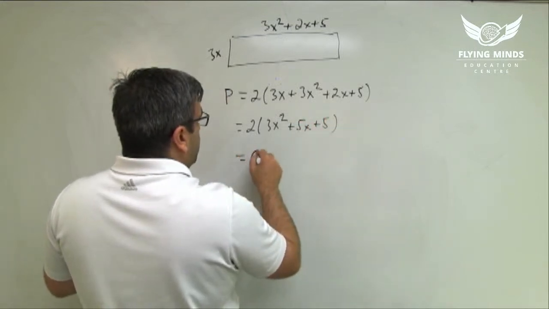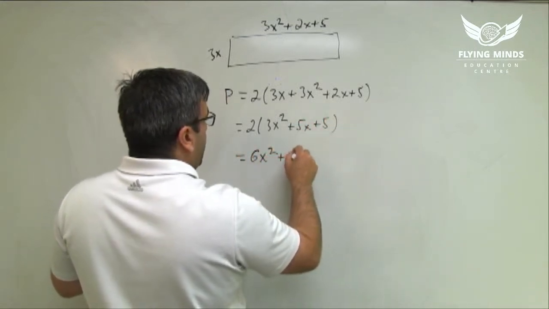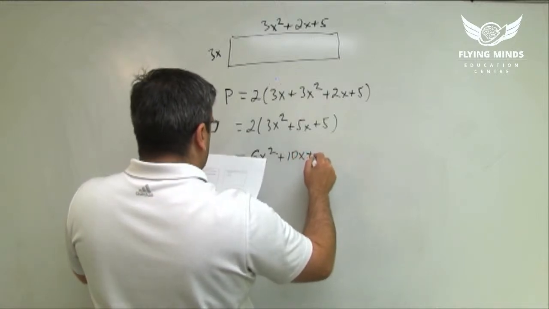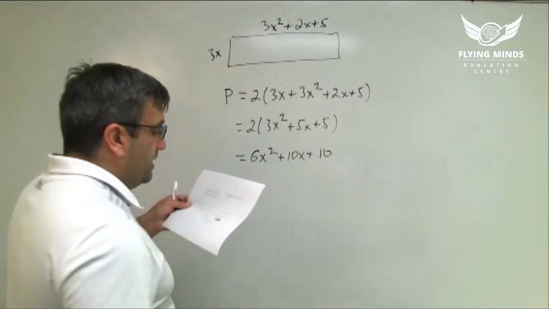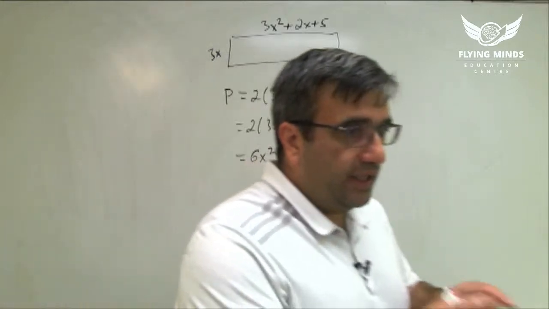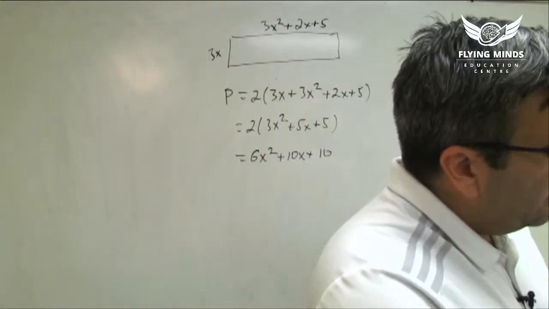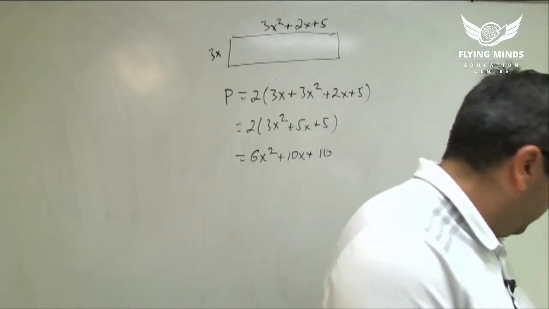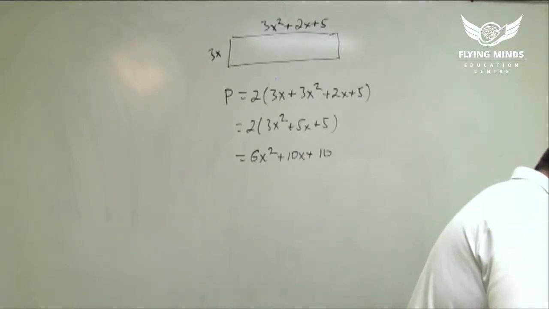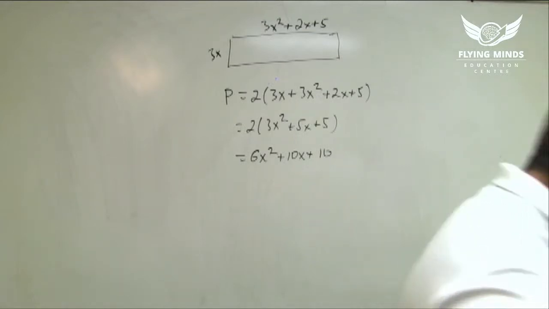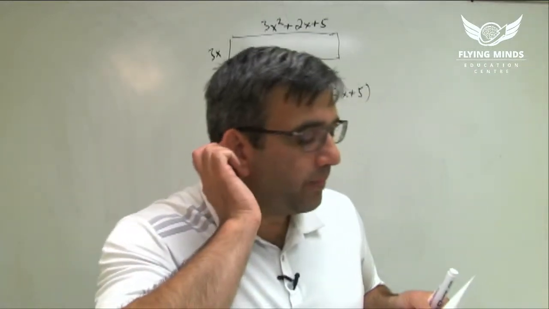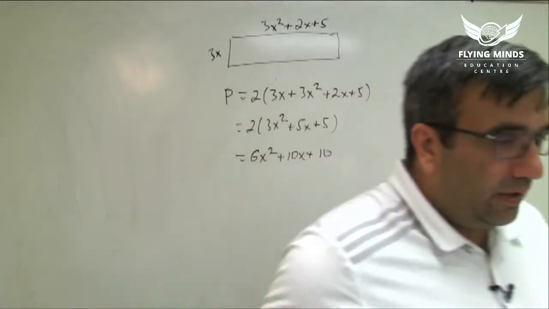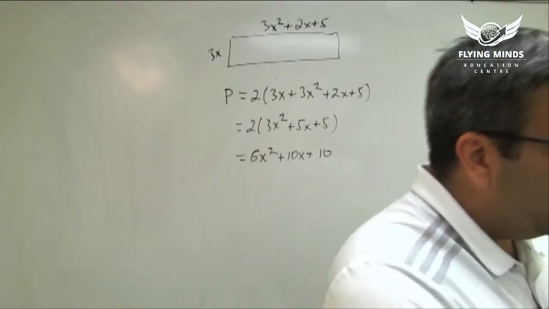So it will be 6x squared plus 10x plus 10. Right, so question C. Okay, so we're done with this page, and we can do one more question.